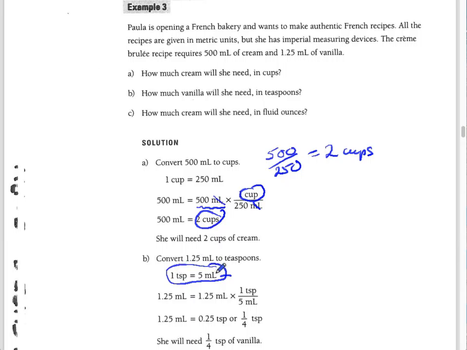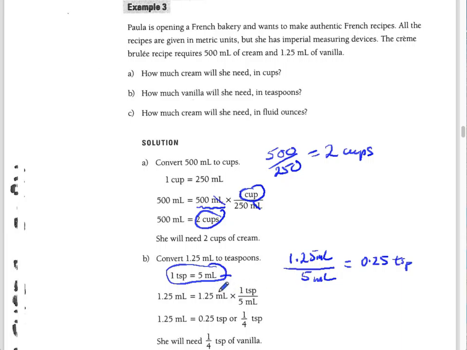Really we want to know how many times 5 mils goes into what she has of the vanilla. So, 1.25 mils: how many times does 5 mils divide into that, because 5 mils is 1 teaspoon. We end up getting 0.25 teaspoons, which is a quarter of a teaspoon.